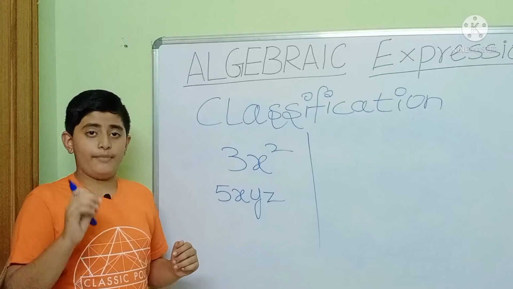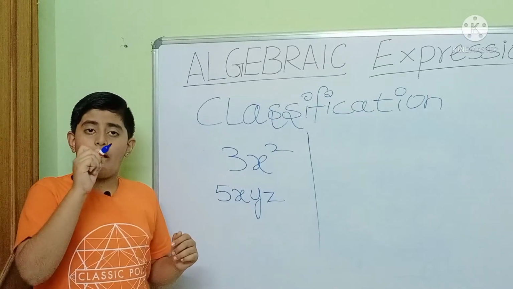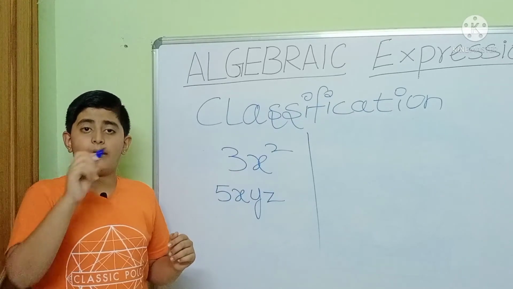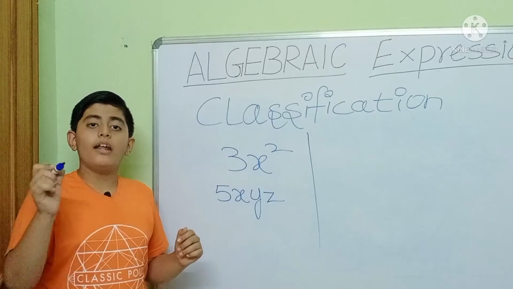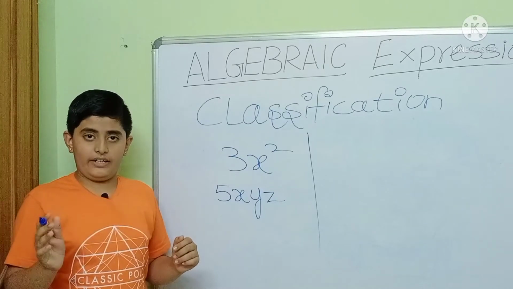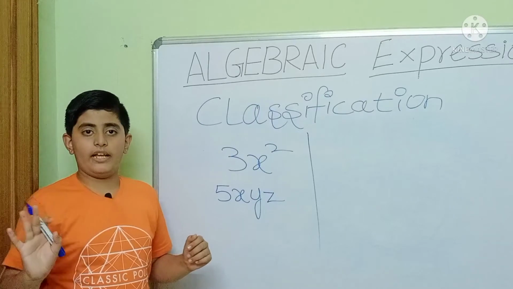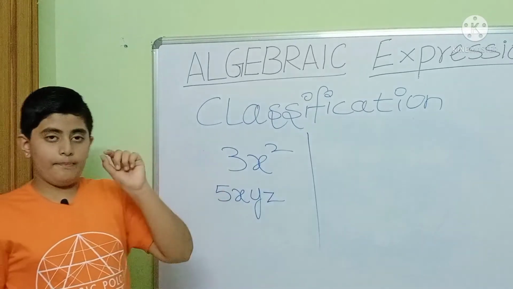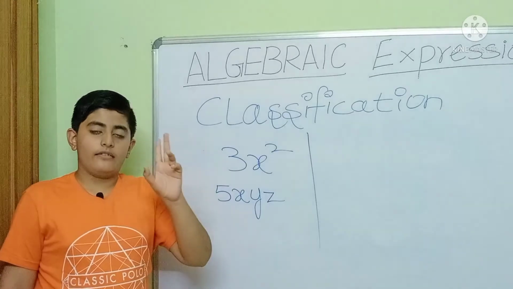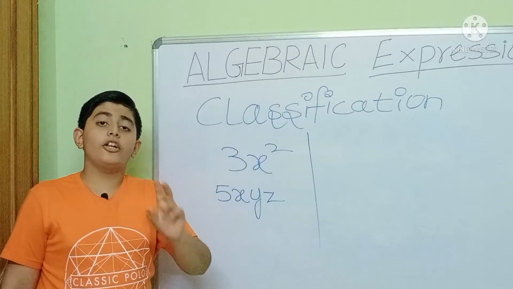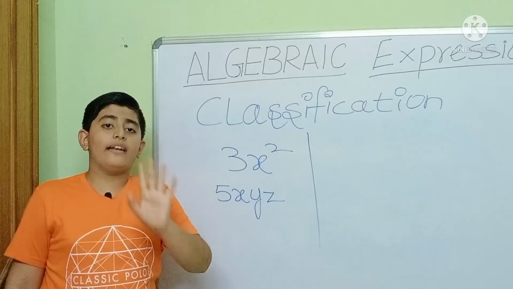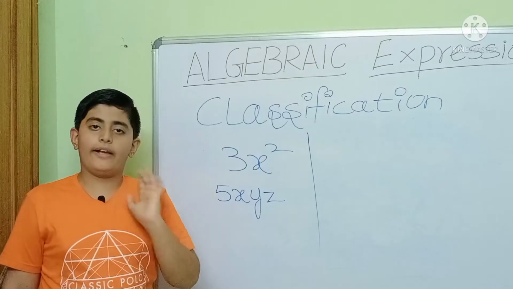And unlike terms means the variables and powers are not equal, or if the variables are equal, the powers will not be equal. So binomial means a polynomial consisting of two unlike terms. Then it is called a binomial.